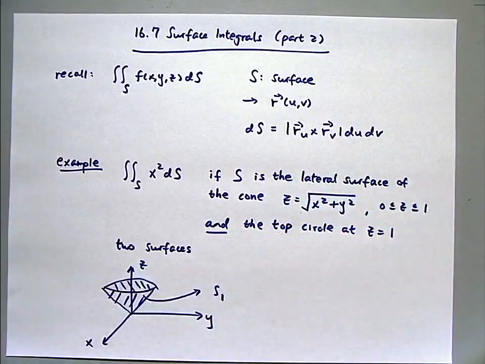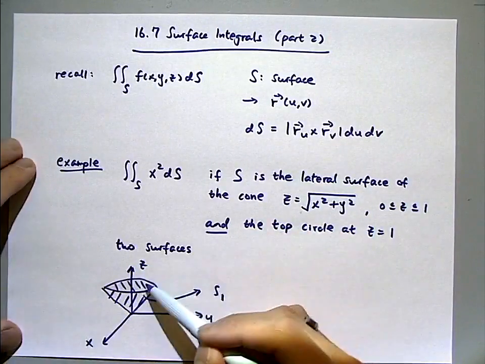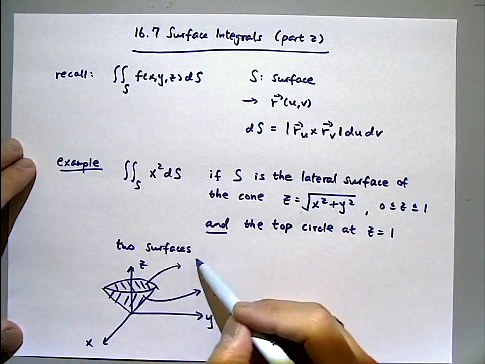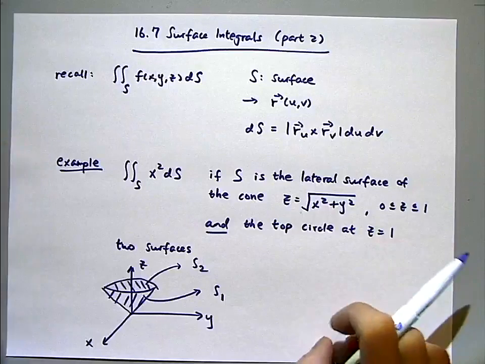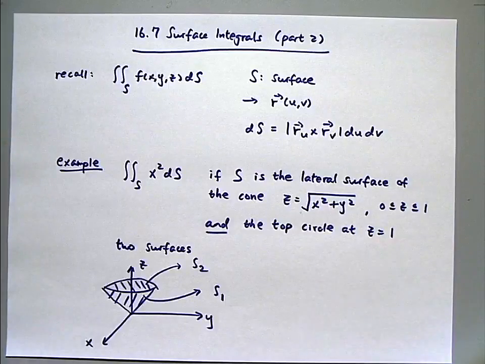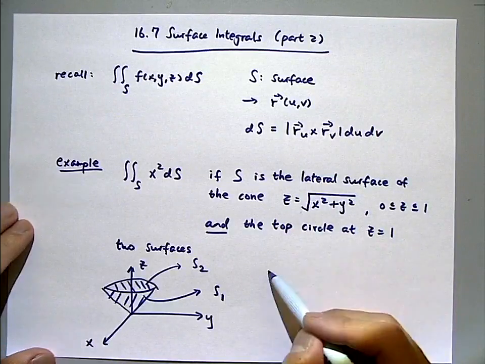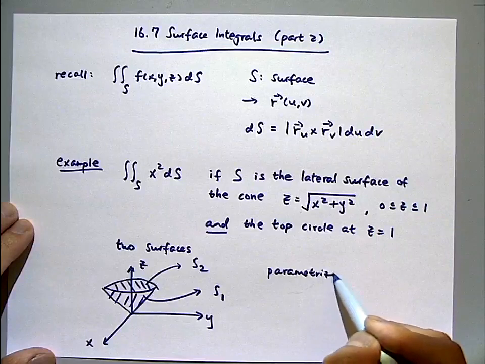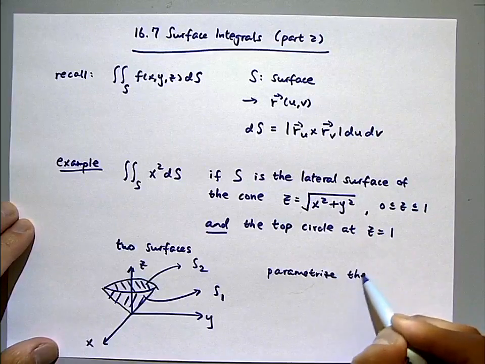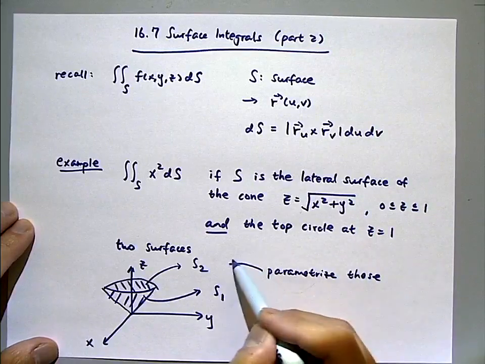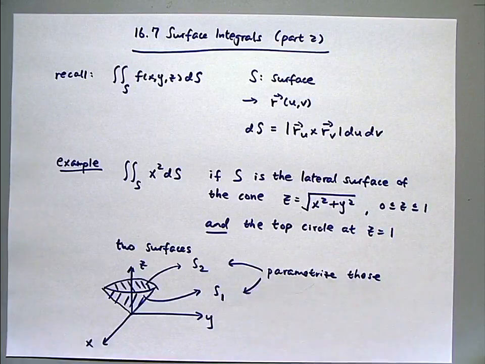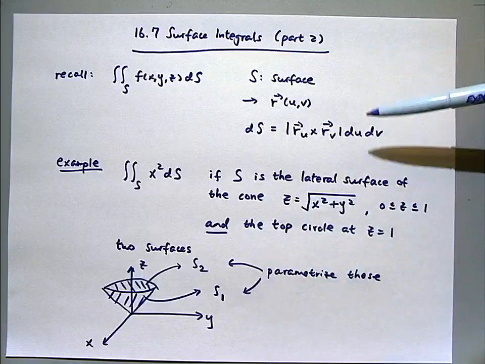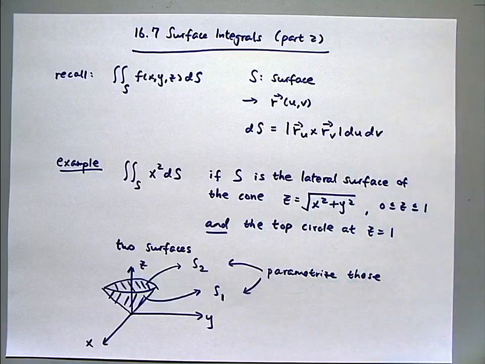So we have a cone, and then we cap it off with a circle that happens at z is equal to 1. And we'll call that S2. All right, so we just parameterize the two surfaces separately, do the integral separately, and then add them together.